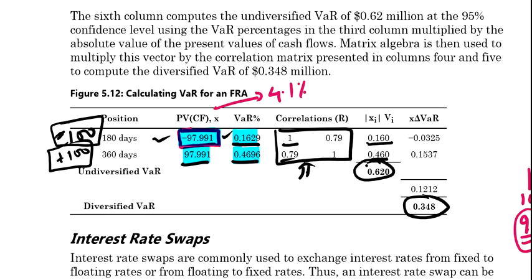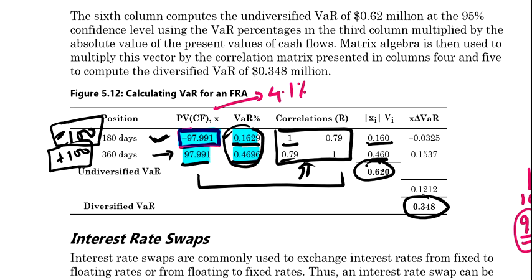Clear? No question is expected from this section, but you need to have the idea of what our FRA is and how we are treating it. If a few values are given to us, we need to know how we can calculate our diversified VAR and undiversified VAR. Whatever the contract amount is, we take the present value of that, and that will be invested for the full year.